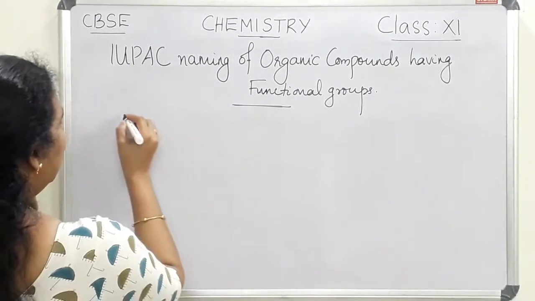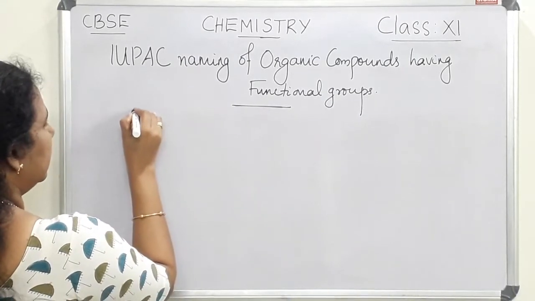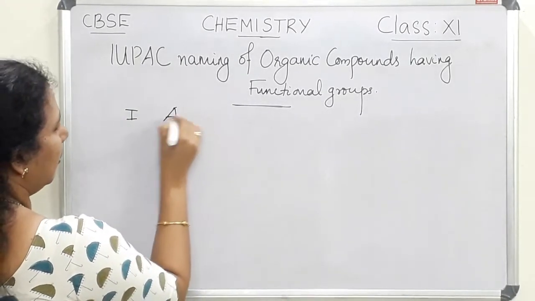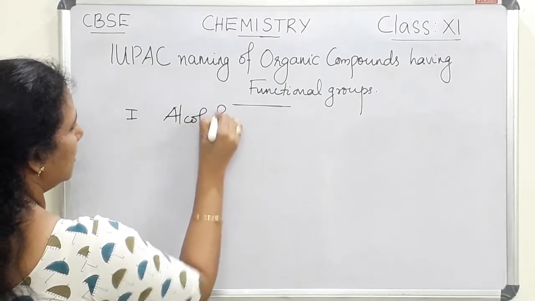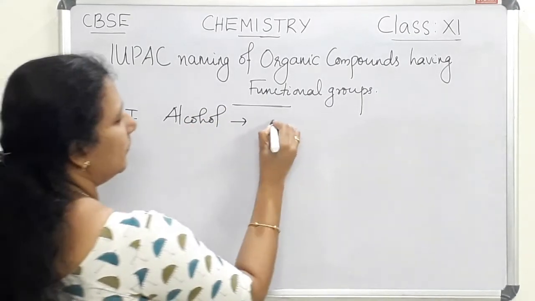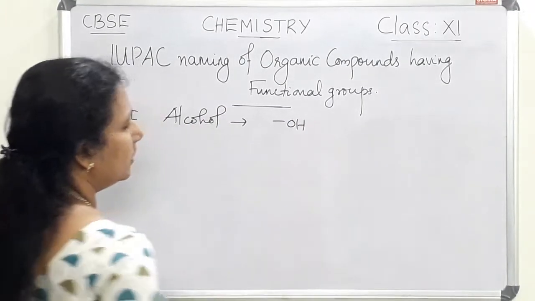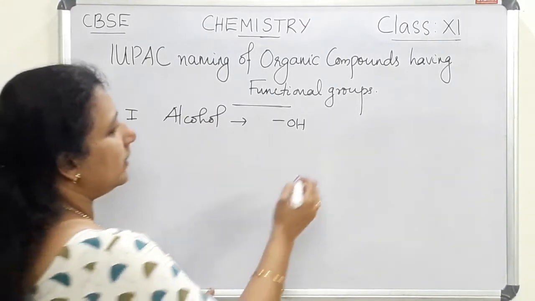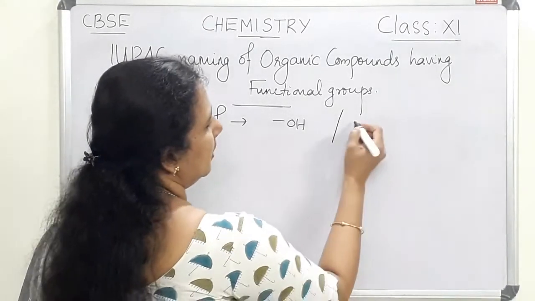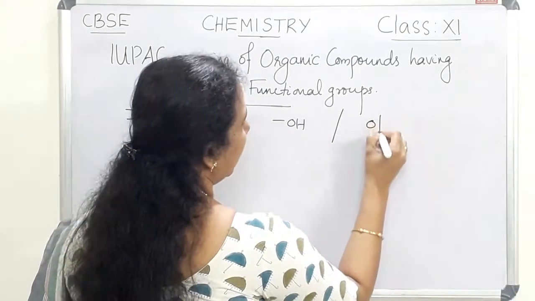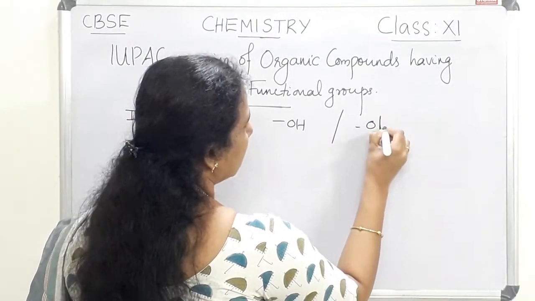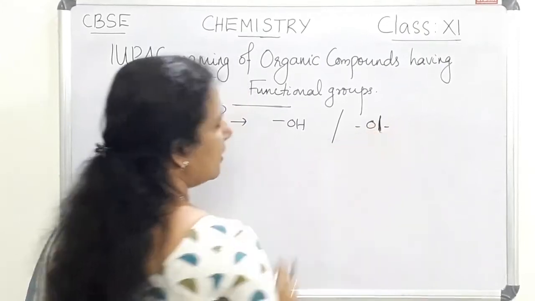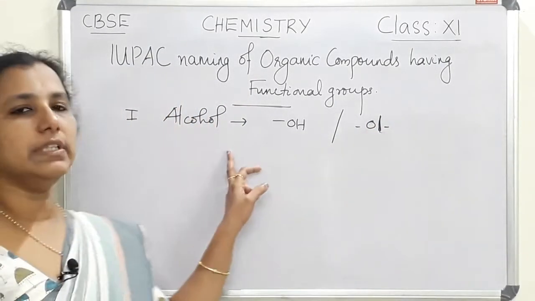First of all, we have to write the family of alcohol. Alcohols contain the functional group OH, you know OH is the functional group for alcohol, and all the alcohols end with OL. So OL is to be attached with all the alcohols.